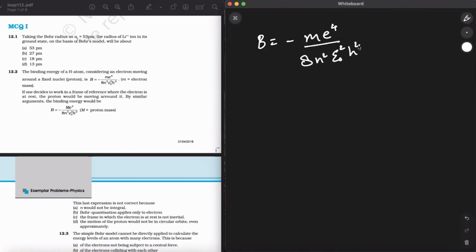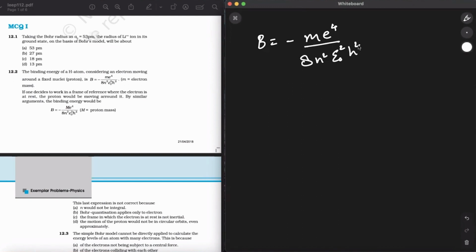But option C, saying the frame in which the electron is at rest is not inertial, is the correct answer. This statement is correct because in the frame of reference where the electron is at rest, the given expression will not be valid, as it forms a non-inertial frame of reference. Whatever you expressed for the binding energy, when the nucleus was at rest and the electron was moving, was in the inertial frame.